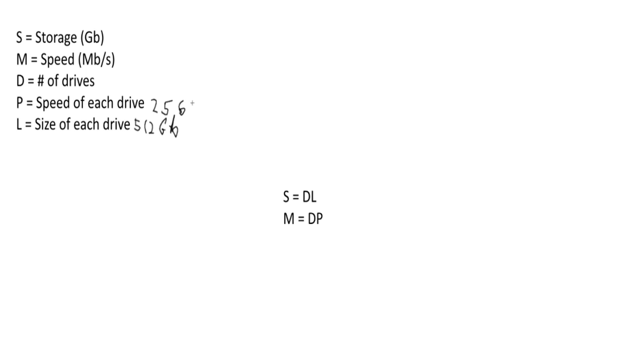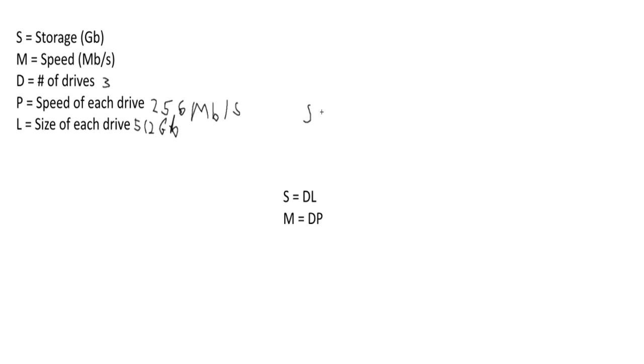And to be fair, 256 is a really fast hard drive. I don't think one exists that is this fast. This is like solid-state speed. So we just plug it into the equation and solve for whatever number. And let's say you have 3 drives.